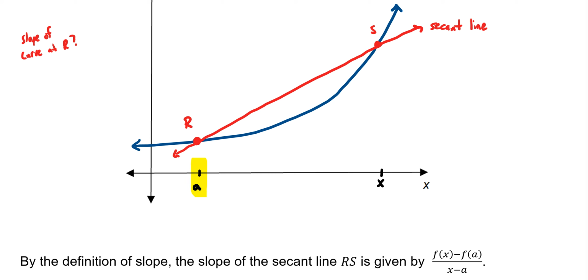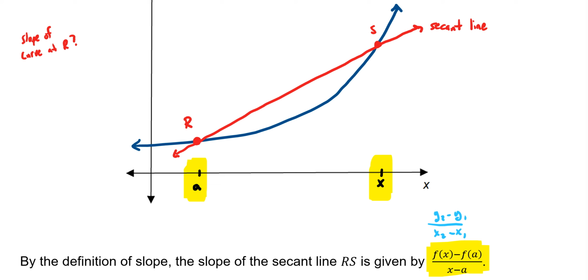If we are using these 2 x coordinates, then this would be the slope between R and S. So y2 minus y1 over x2 minus x1 would end up being f of x minus f of A divided by x minus A. That's just the slope formula using these points A and x for our x coordinates for these 2 points.